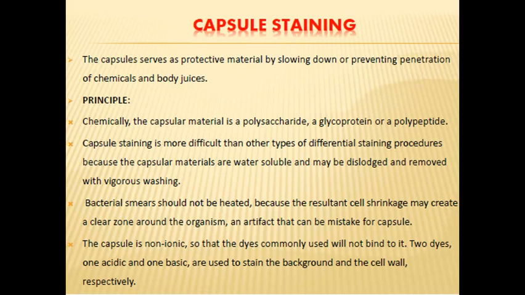Now let's discuss the basic principle of capsule staining. The purpose of the capsule stain is to reveal the presence of a capsule in bacteria. The water soluble capsule of some bacterial cells is often difficult to see by standard simple staining.